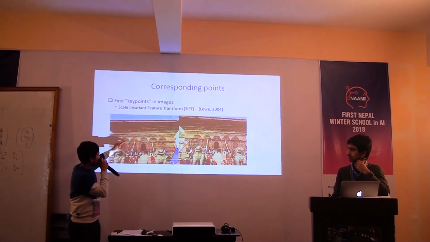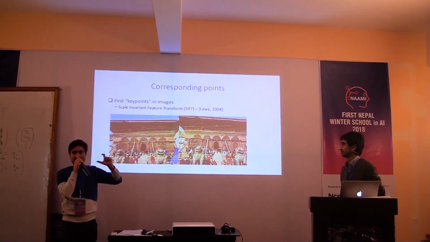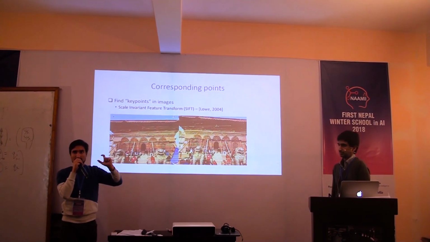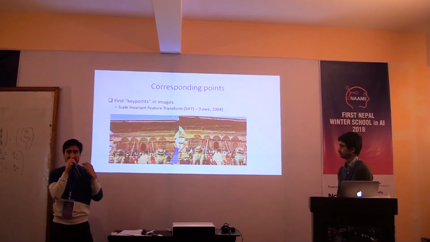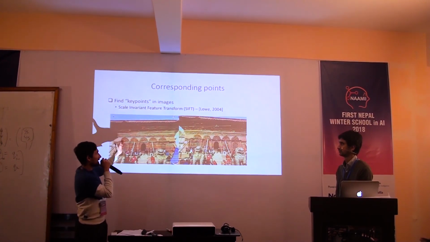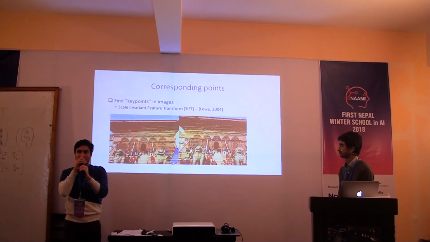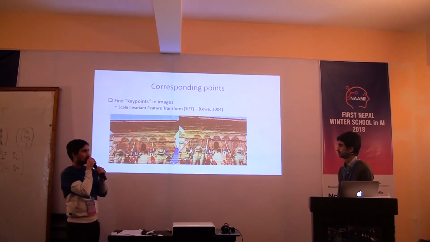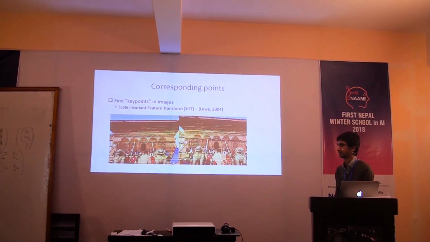Then it captures the information in the neighborhood and represents it with a vector, in such a way that the correspondences we see as humans lie close by in this 128-dimensional space. So that's just to give you context from what we said earlier.